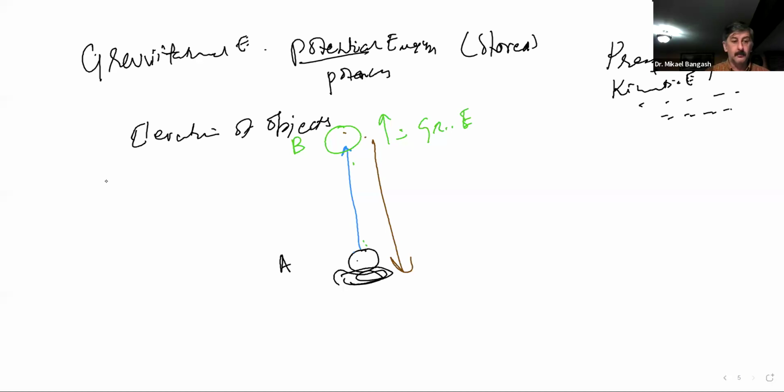So the higher an object is, the greater the gravitational energy. We can say at this level, here it was 0. Here it might be, or this level here, it was 10.